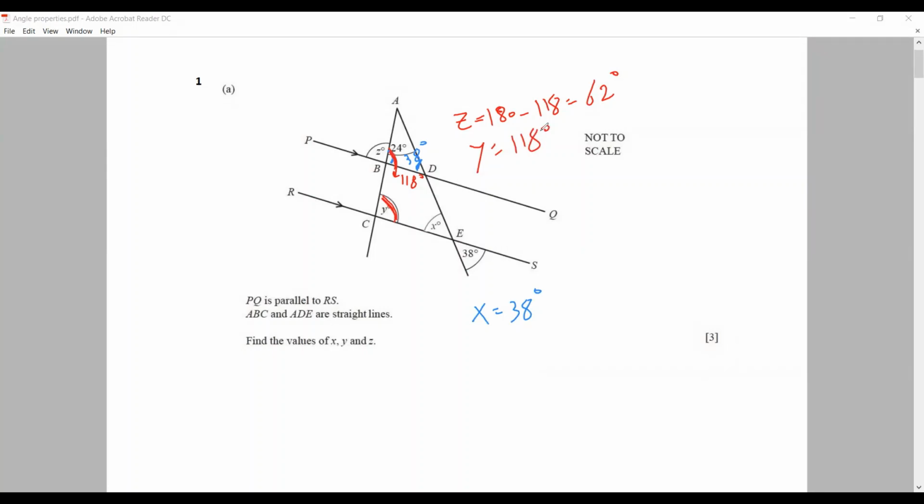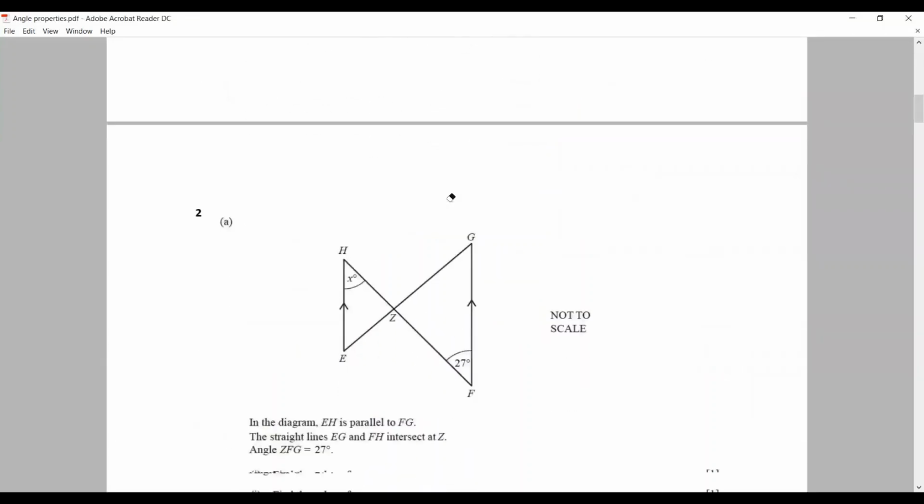Just remember I didn't use alternate angles here. Alternate angles means if this is X, this should be X as well. So I just used vertically opposite angles and corresponding angles, and the fact that the sum of all internal angles should be 180 for a triangle.